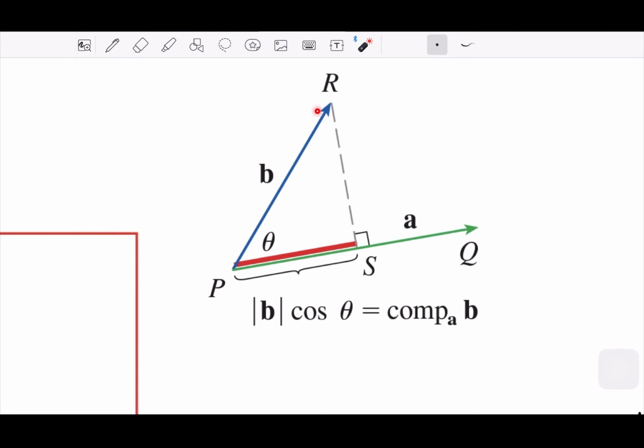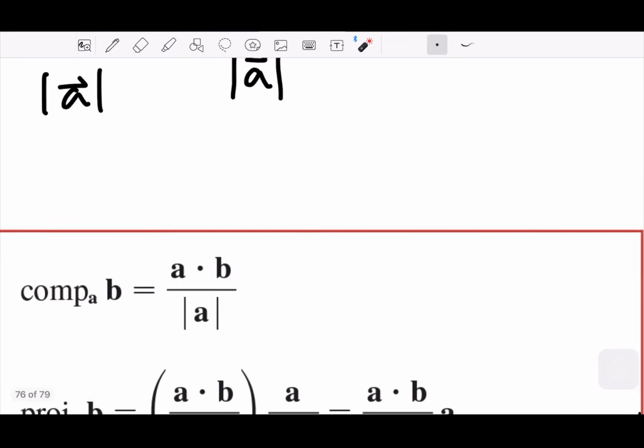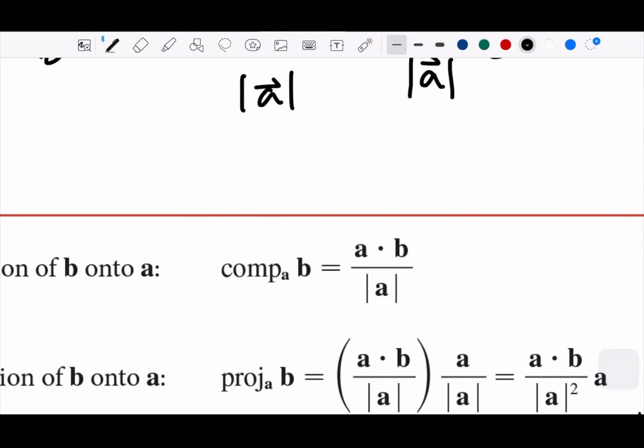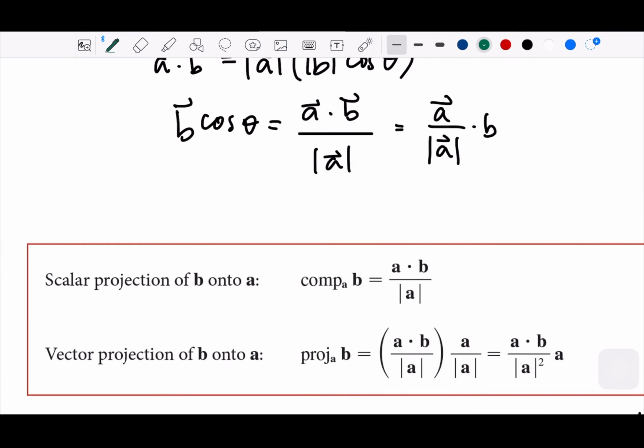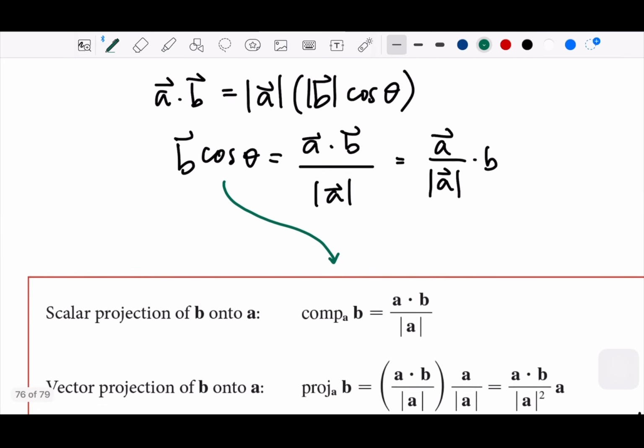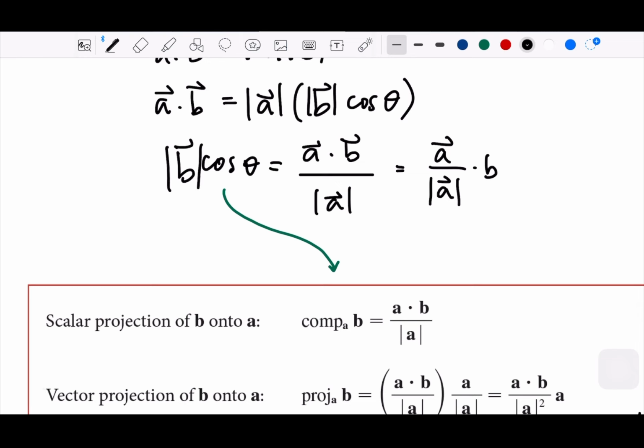So we can make this B a scalar, and that is the scalar projection. So this B cosine theta is the scalar projection. Okay, sorry, this needs to have a value. So B cosine theta, right?